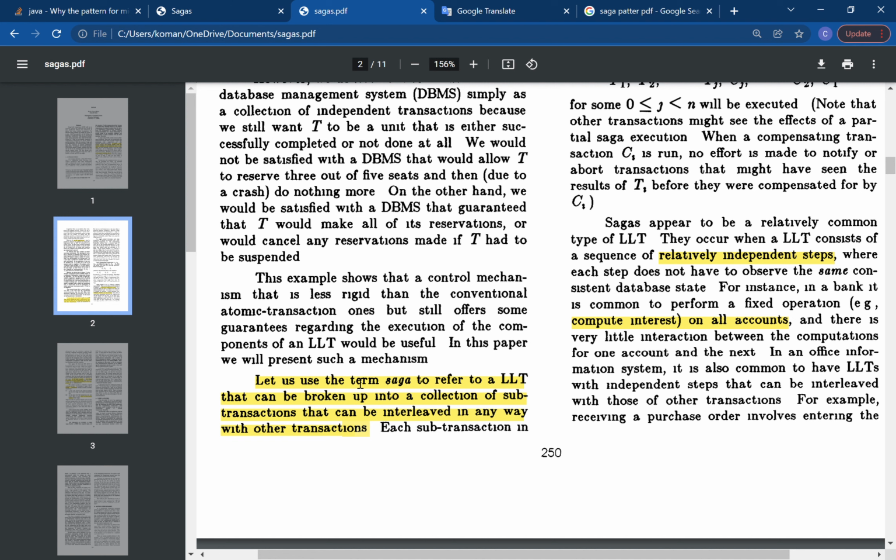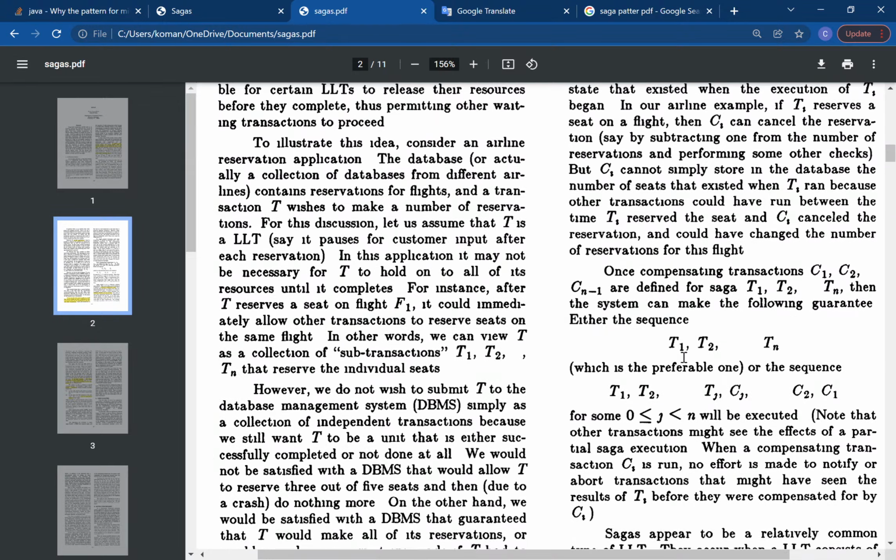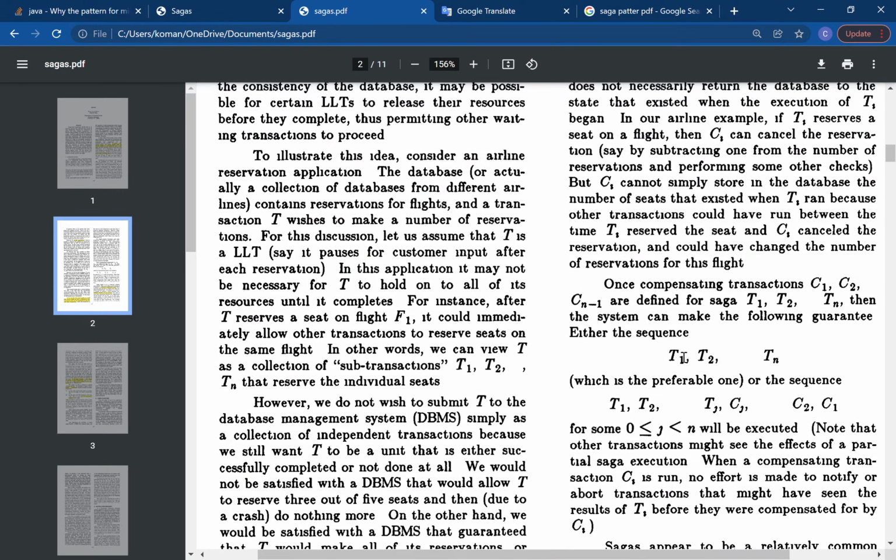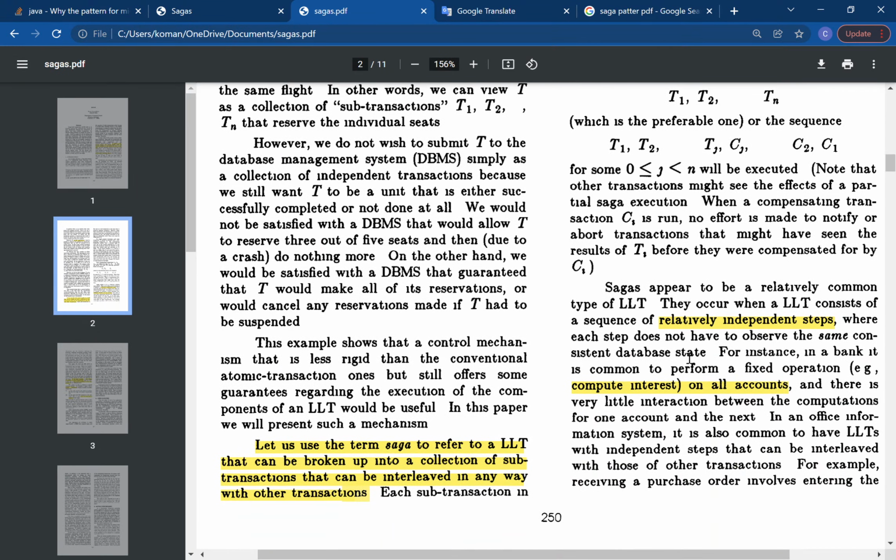That's the main idea of sagas. Each of these actions should be independent of each other from a business perspective. They should not affect the business somehow, and they suggest a couple of examples here.